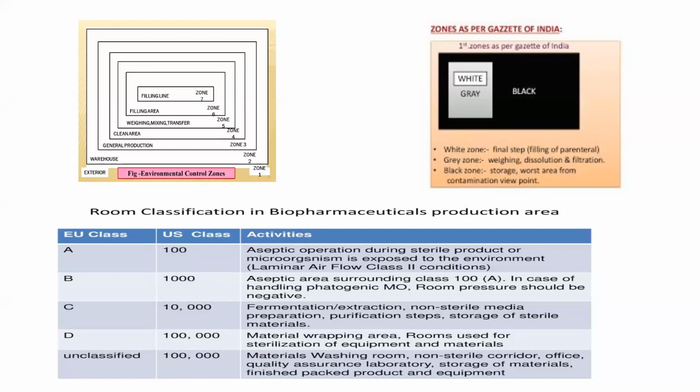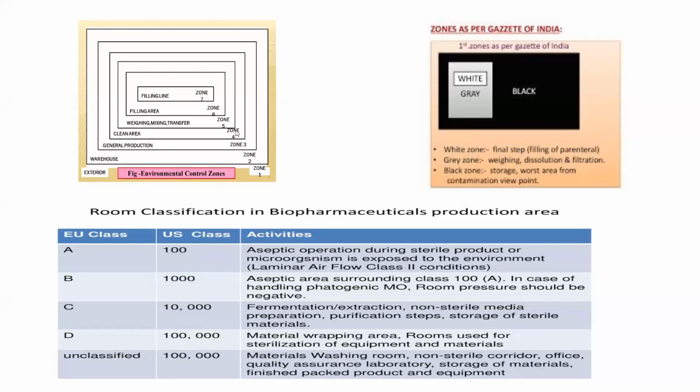Zone 1 is marked by the walls of construction of the area. Next is zone 2, where warehousing occurs. Zone 3 is general production procedures, like unit operations such as cleaning and drying, which occur in general production area zone 3.